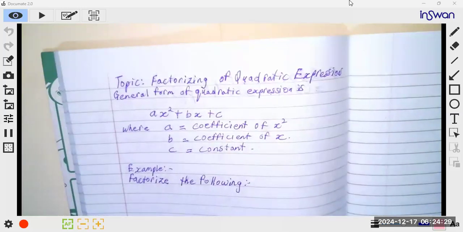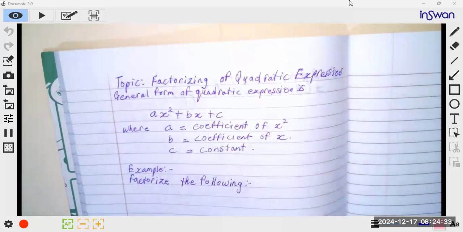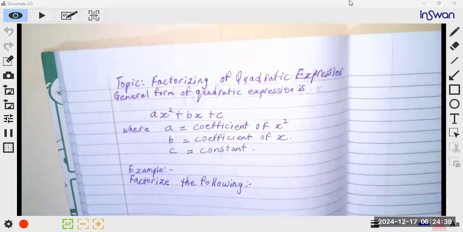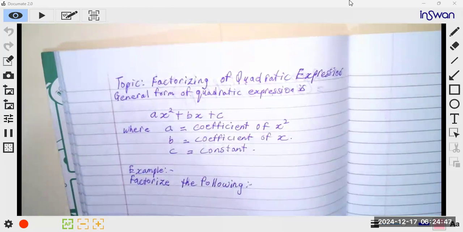So the first questions will be ones where the number in front of the x squared, the a value, is actually 1. All right.